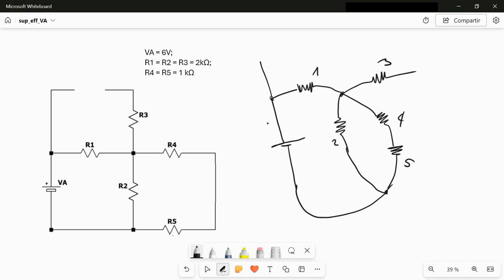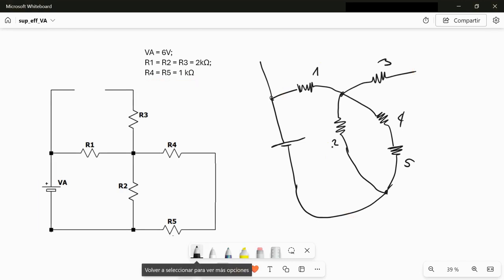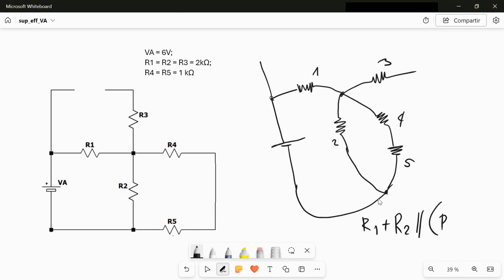So basically the equivalent resistance here, where R3 gives no contribution to the circuit, is given by R1 plus R2 in parallel with the sum of R4 plus R5.